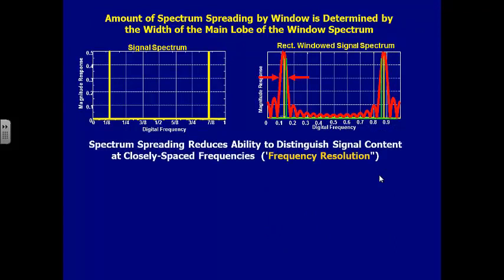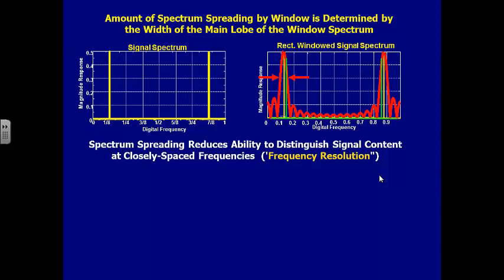And what I'm going to care about is how wide is this main lobe of the window function, because when I do that convolution, if it's too wide and I have two frequency spikes right close to each other, I convolve them with this mess and I get a wide mess that I can't tell what it is.